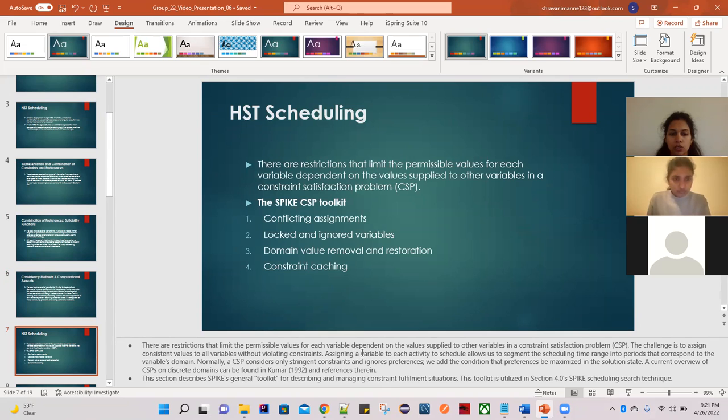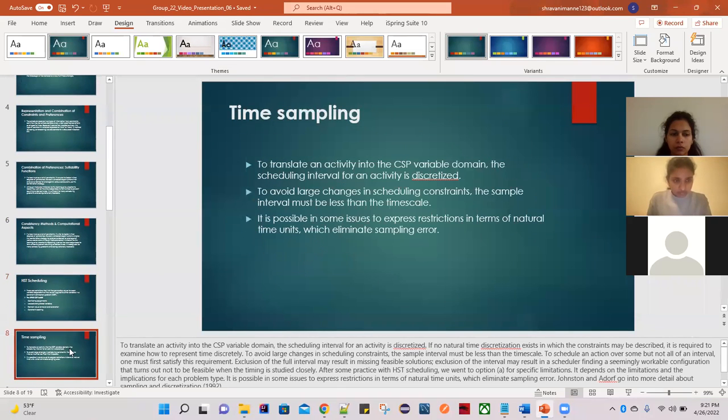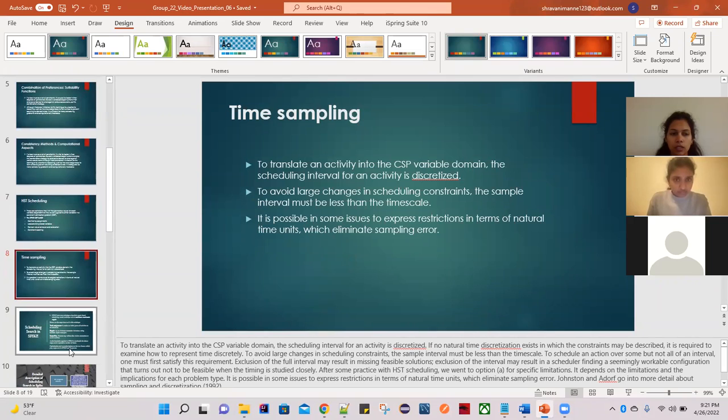These are all the values without any violating constraints.